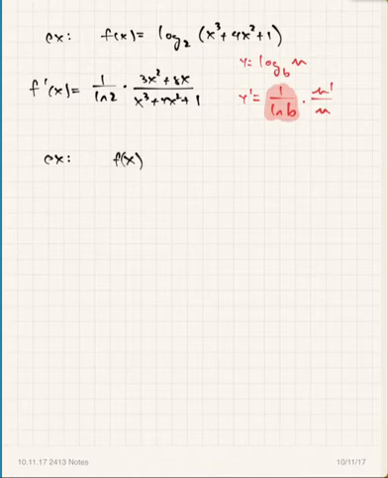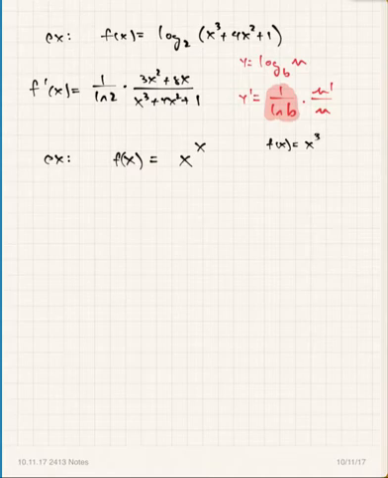So for example, if you have f of x equals x to the x power. Now think about x to the x for a minute. You know, that's an exponent expression. If you have x cubed, if you have x to a constant power, well, f prime of x is 3x squared, right? And that's a variable to a constant power.